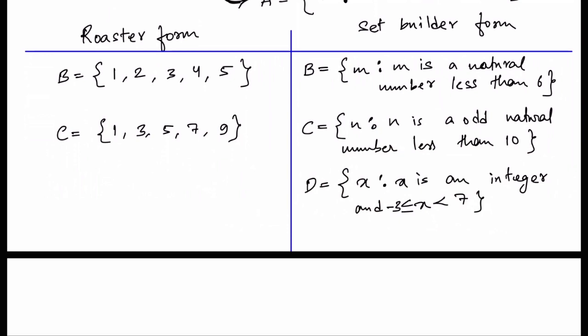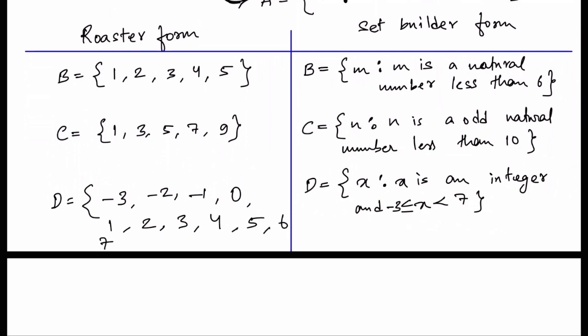If you write set D, greater than or equal to minus 3 means minus 3 will be there, because here x is greater than or equal to minus 3. So minus 3, minus 2, minus 1, 0, 1, 2, 3, 4, 5, 6, 7.